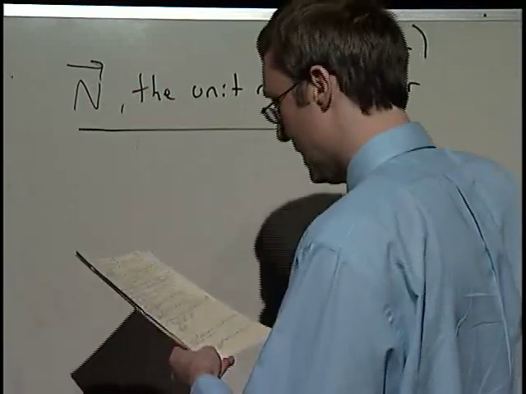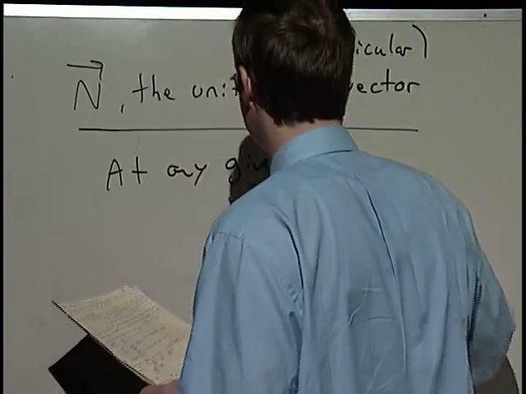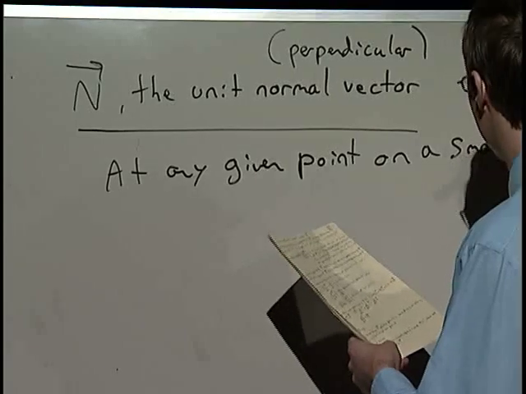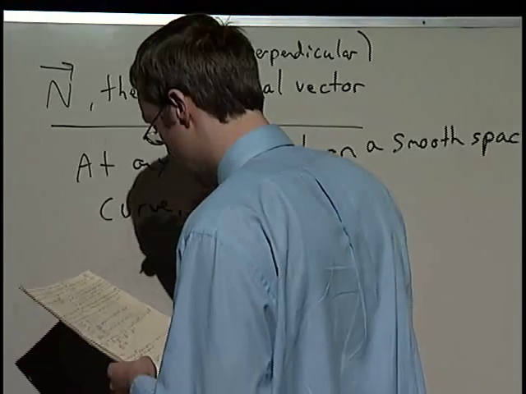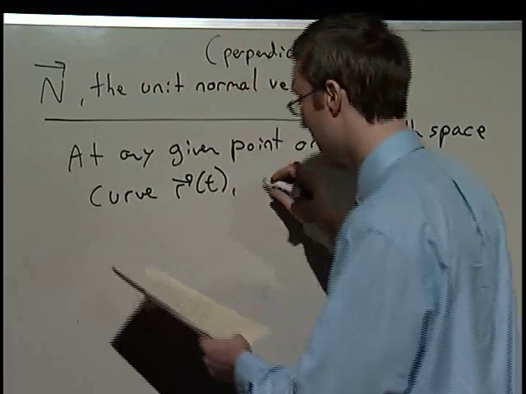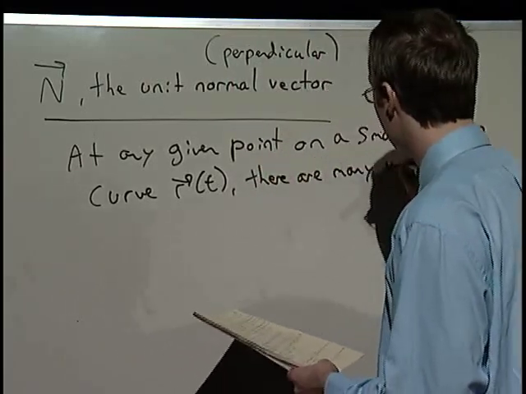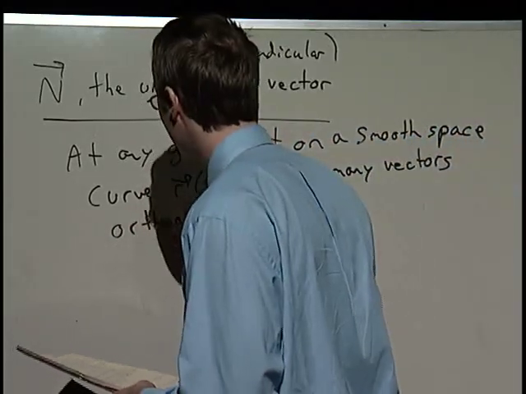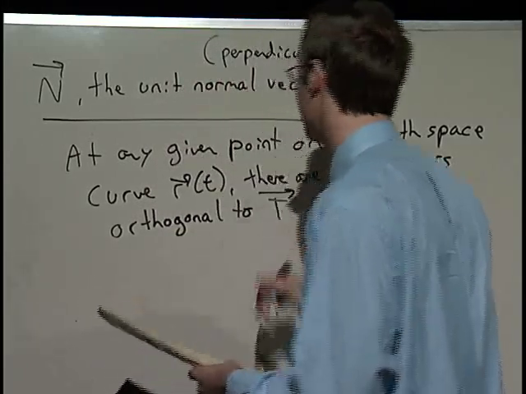Okay? Now the fact is, at any given point on a smooth space curve, I want to call it r of t, there are many vectors orthogonal to T, right?